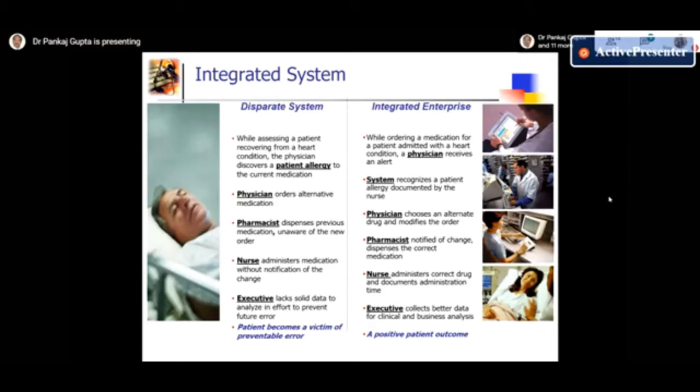CPOE and BCMA together is basically an intelligent system that is looking over the shoulder of all clinicians and asking, have you double checked it? I have double checked it, but if there is something missing, you may want to double check. So it's sort of a mentor that is looking over the shoulder and saying, I hope you are going on the right track.